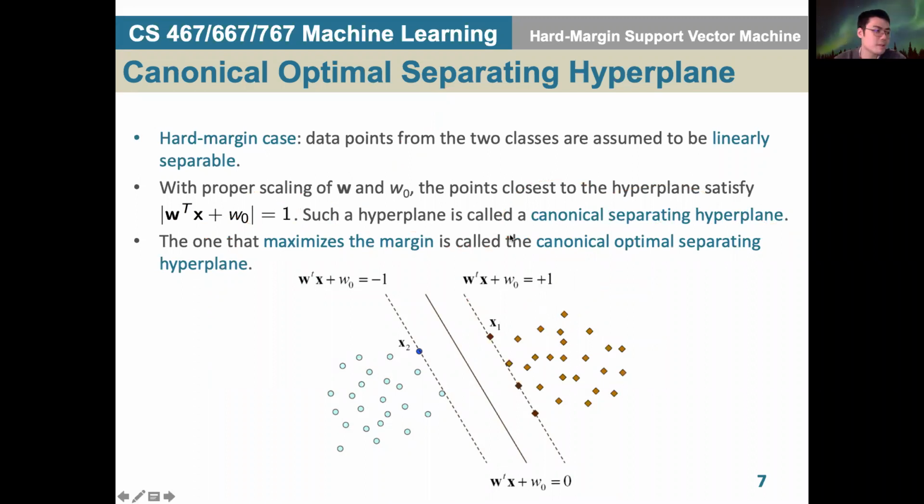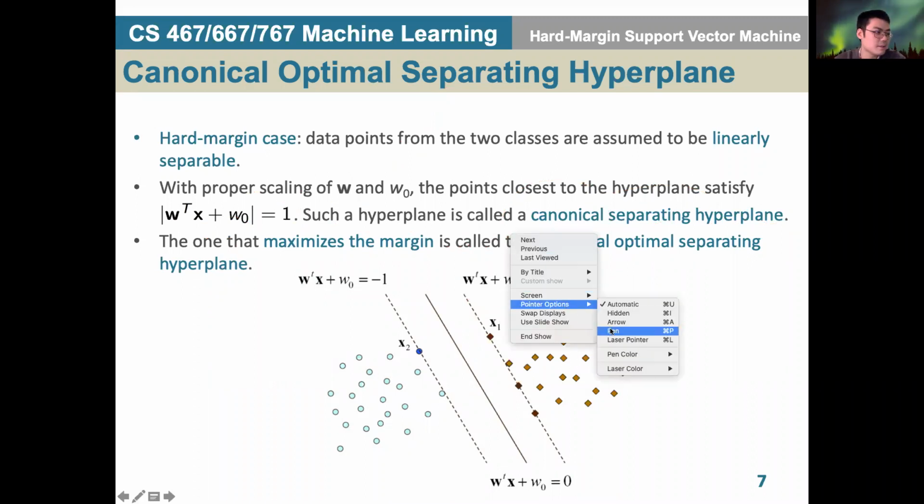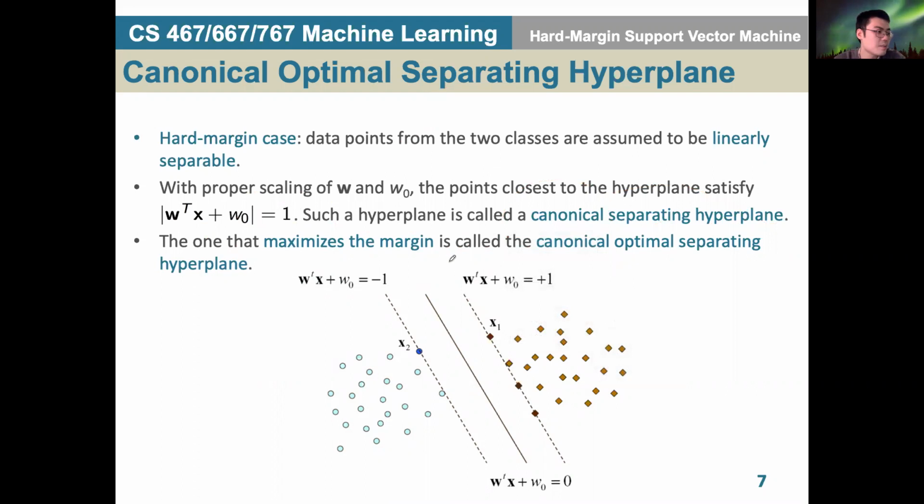Because if you think about this line, you can multiply W by any parameter, let's say AW, and this is AW0, and this becomes A. That's also a valid line. This is the scaling, so it's the same line, basically. So we do need the canonical form so that it becomes unique, right?